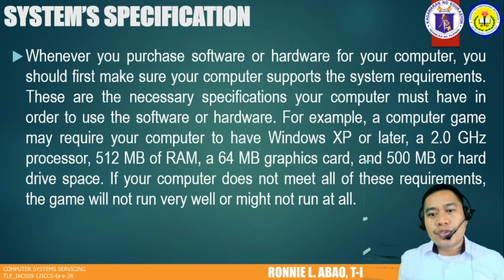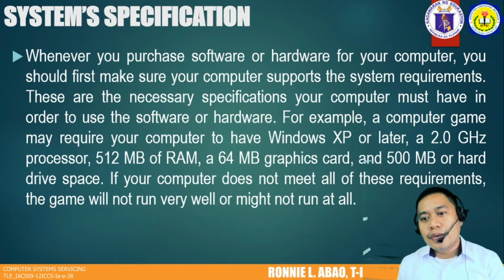Another information of system specification. Whenever you purchase software or hardware for your computer, you should first make sure your computer supports the system requirements. These are the necessary specifications your computer must have in order to use the software or hardware.